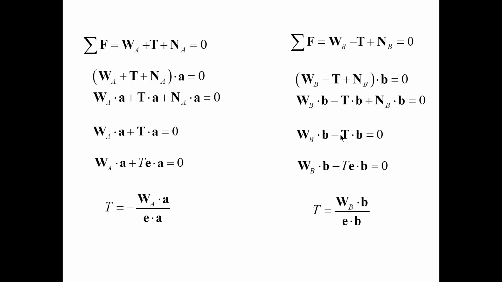The reason we ended up with two expressions is quite simple. The problem is somewhat overdetermined. For example, when we look for the coordinates of E, or better to say for the projections of E, we have the information about the points A and B. We have the coordinates of both points.